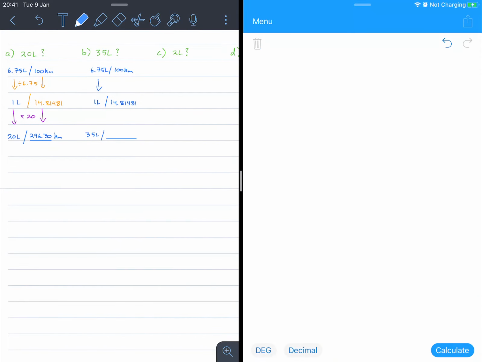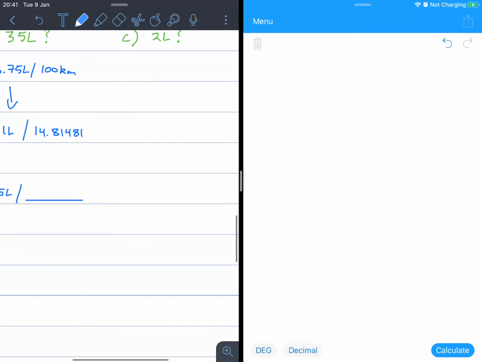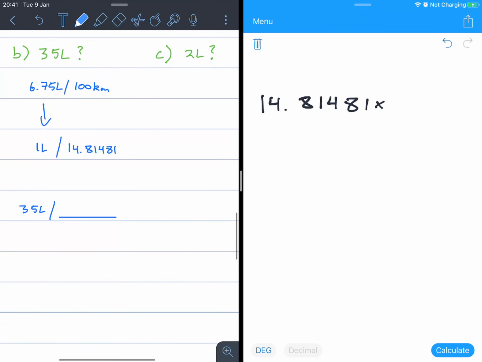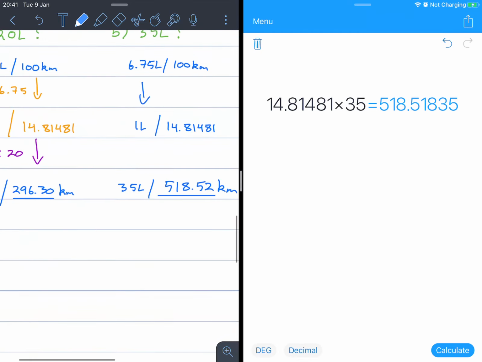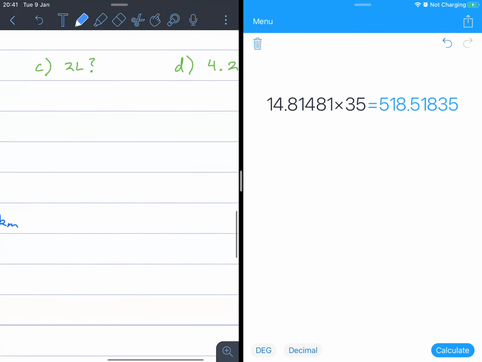So let's write that in. 14.81481 times 35. This is giving us 518.52 kilometers.